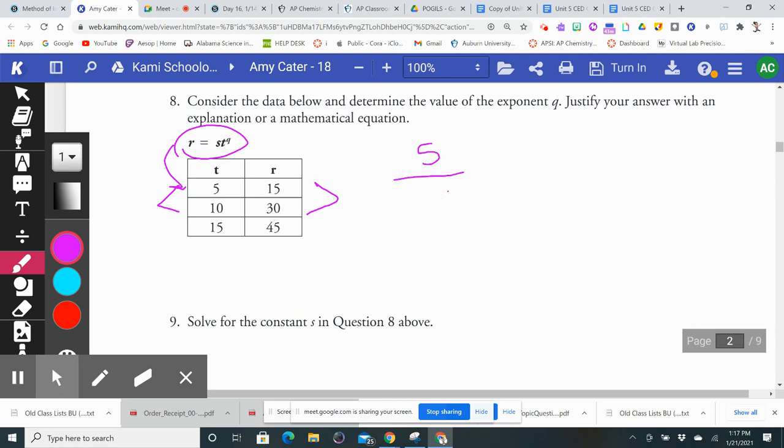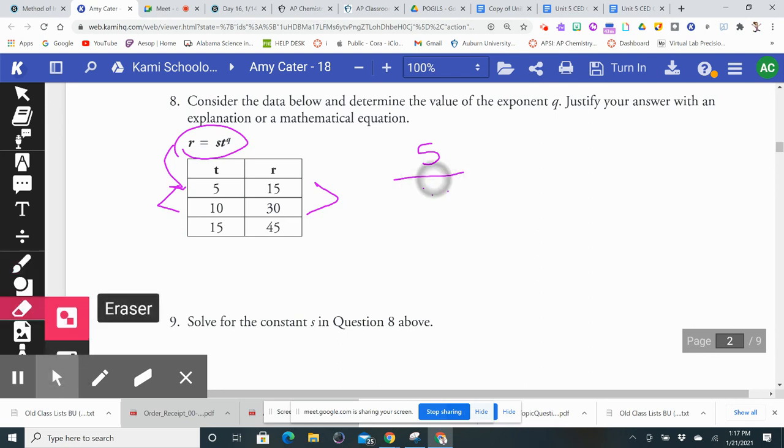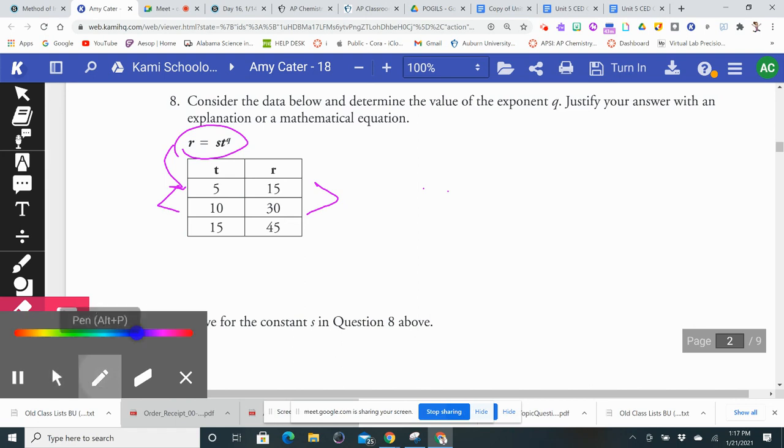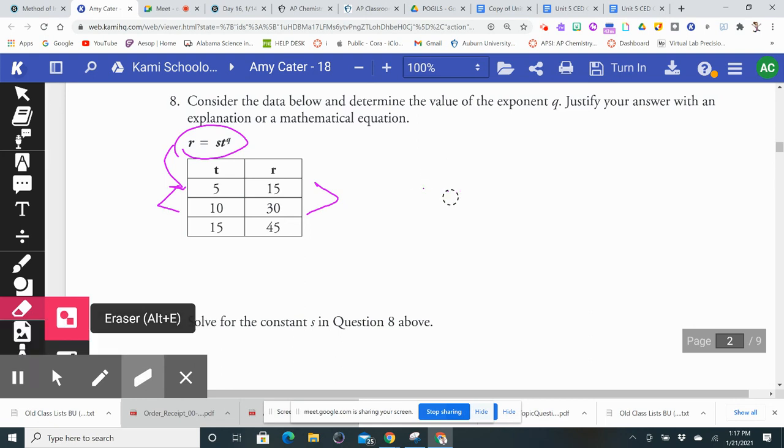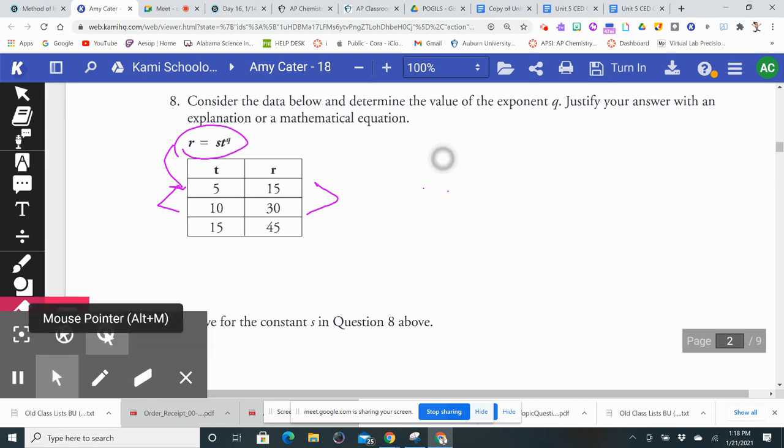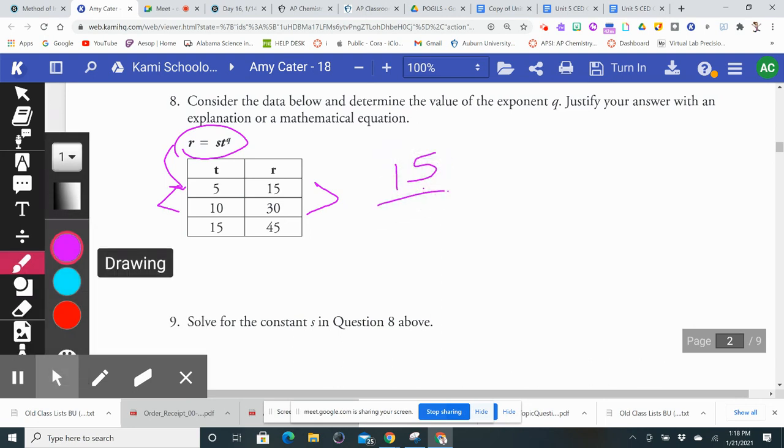So if I compare 15 to 30, and I compare 5 to 10, how do those numbers compare to each other?